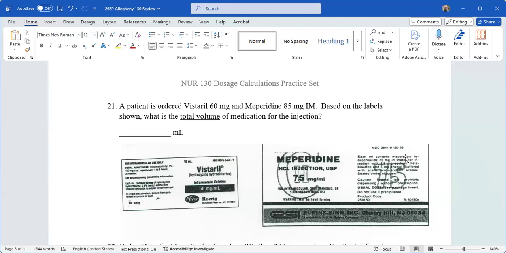Let's say you got an answer of 0.05 ml plus 0.15 ml. You would just add those two together and get 0.2 ml as your answer. If you ended up getting an answer of 0.45 ml, then that's your answer.